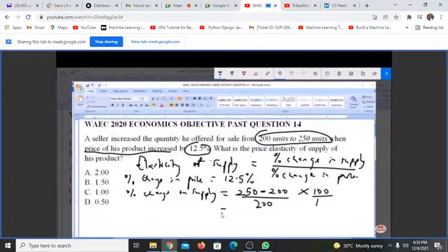And all this will give 25%. So elasticity of supply is equal to percentage change in supply, which is 25%, divided by percentage change in price, which is 12.5%, and that will give 2.00 as our answer. 2.00 is option A. So option A is the correct answer to this question.